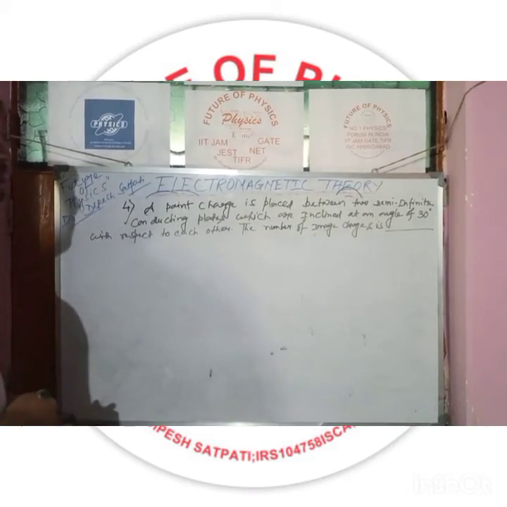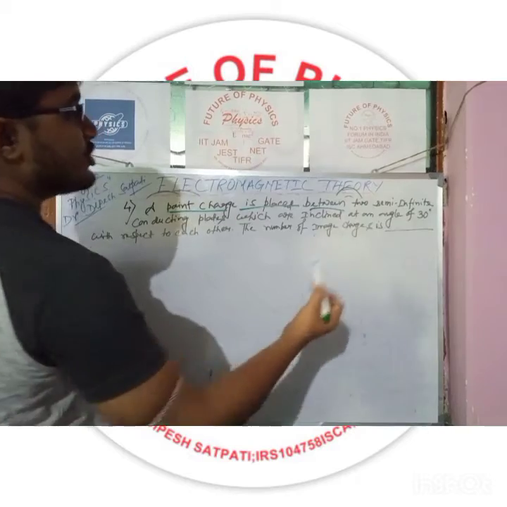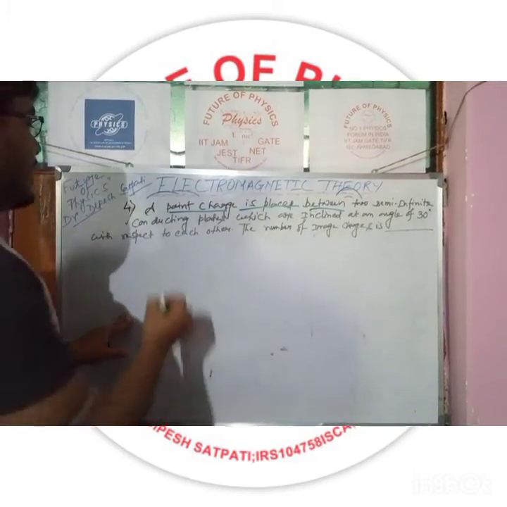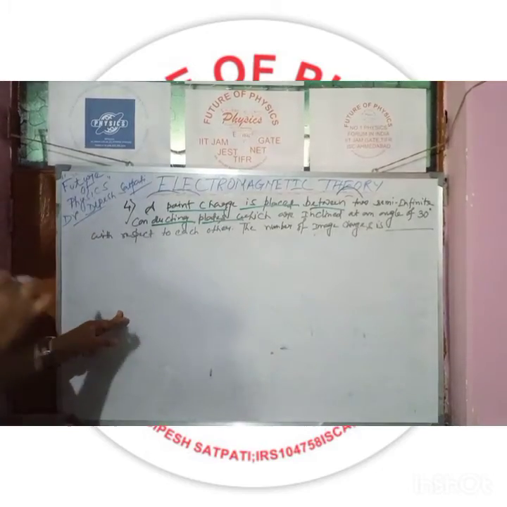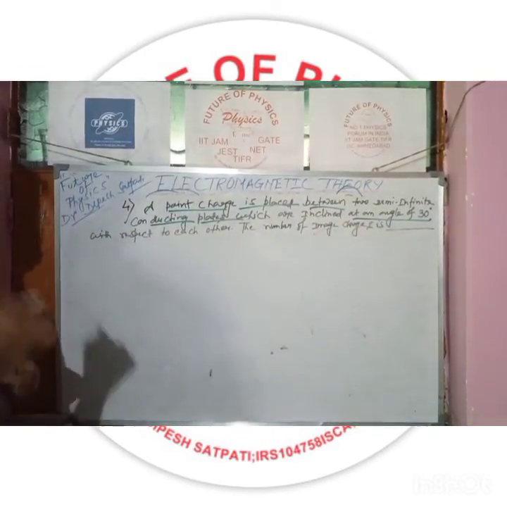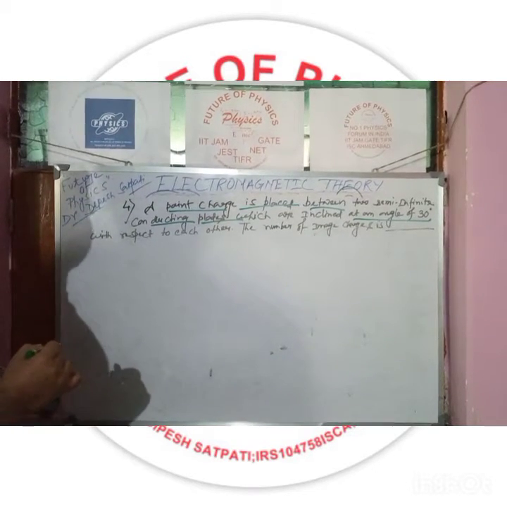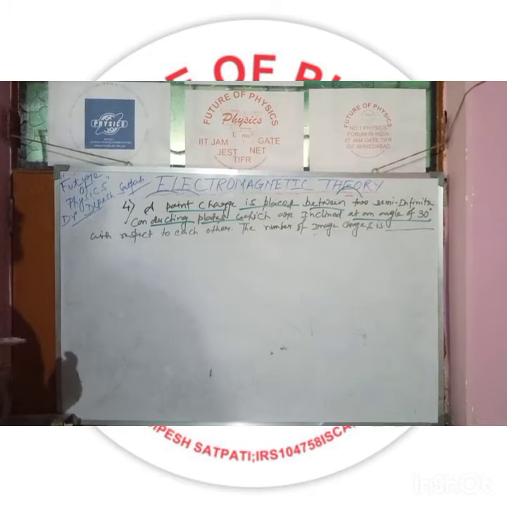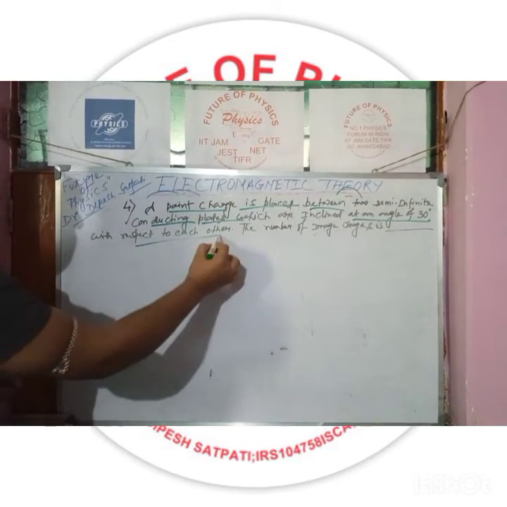Now students, fourth question. A point charge is placed between two semi-infinite conducting plates which are inclined at an angle of 30 degree with respect to each other.